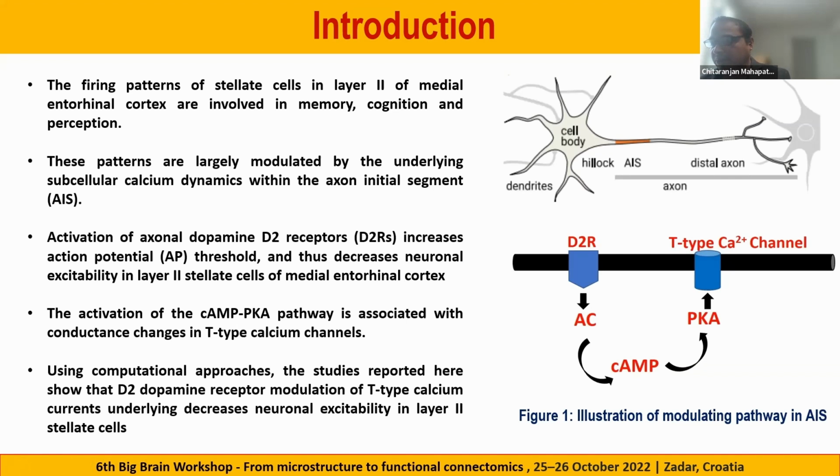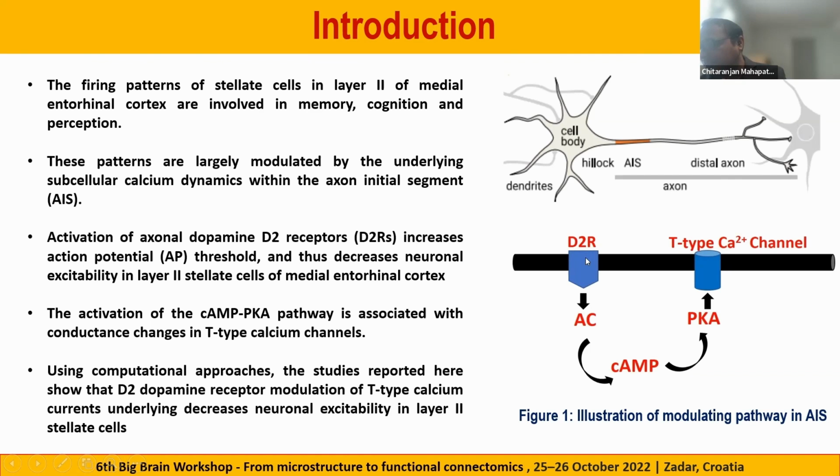We are going to show the modeling parameters, the modeling validation, and the predicted hypothesis for this AIS pathway. We have chosen one type of ion channel, the T-type calcium channel, and D2 receptors. In this figure you can see the putative coupling between the D2R receptor, this is the D2R receptor, and this is the AIS.